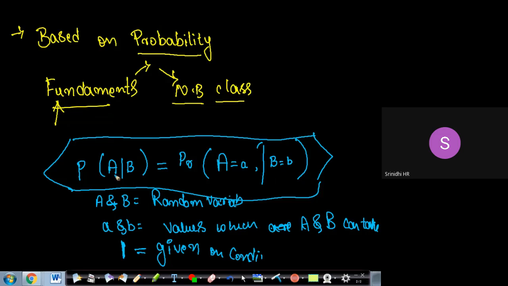Can anybody quickly read this equation? Probability of A given B is equal to probability of A is equal to a, or B is equal to b. It is not or, it is given. It is given B is equal to b. So given means it is my condition here.